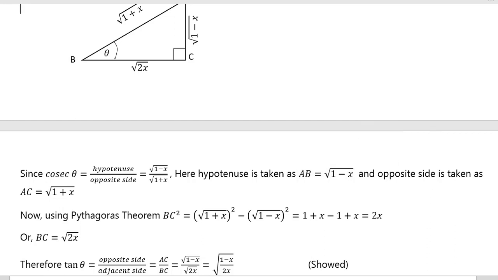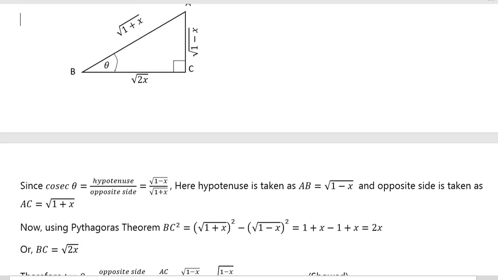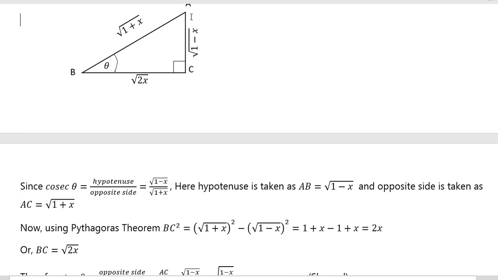Now you can see we all know what is the hypotenuse, what is the perpendicular, and what is the base of the auxiliary triangle. From this triangle we can see tan theta is equal to perpendicular by base, that is root over 1 minus x by root over twice x.